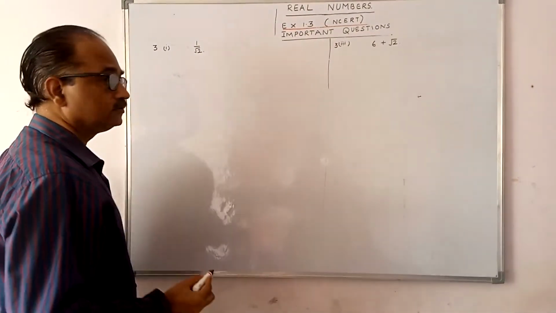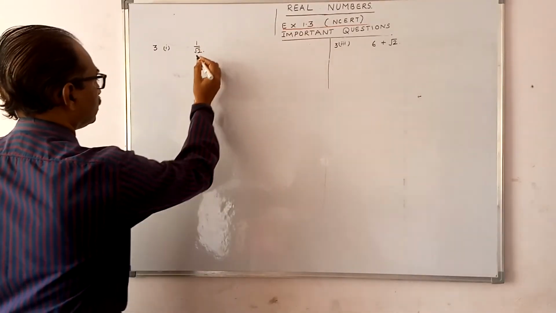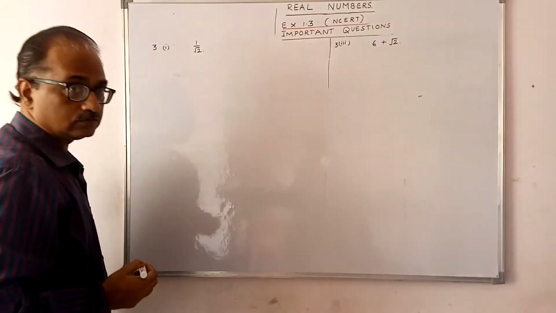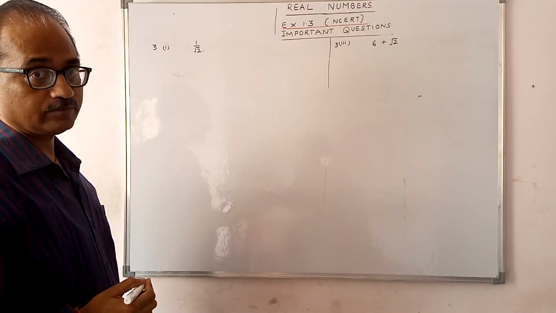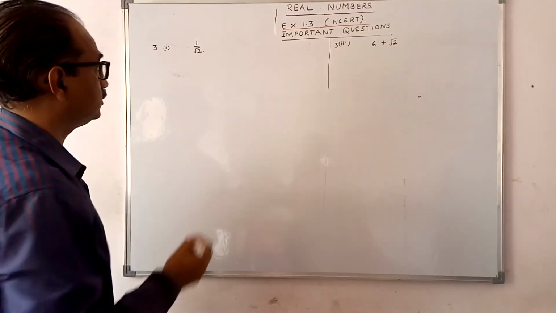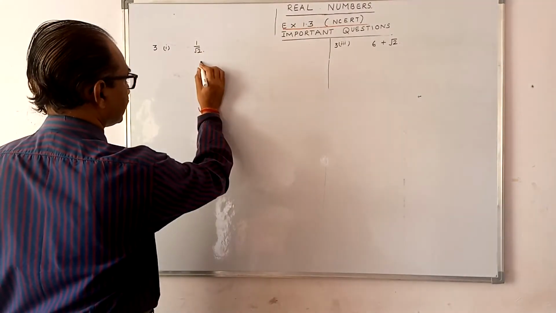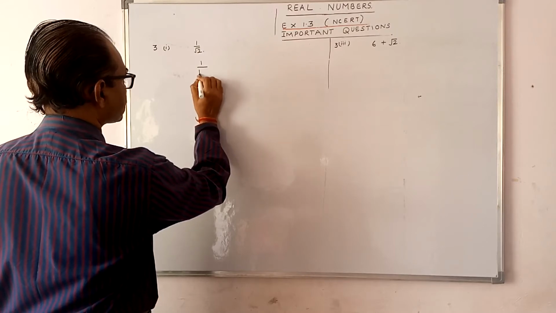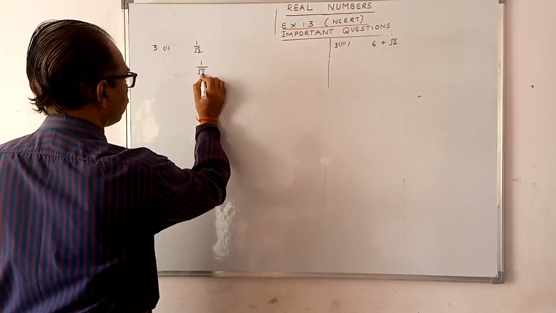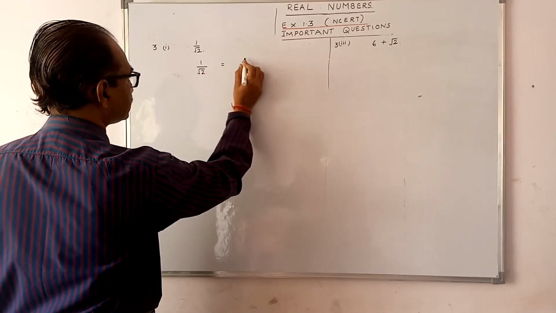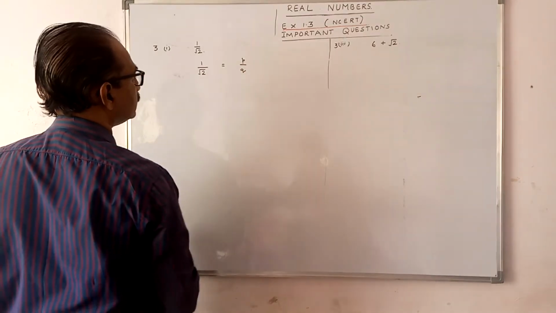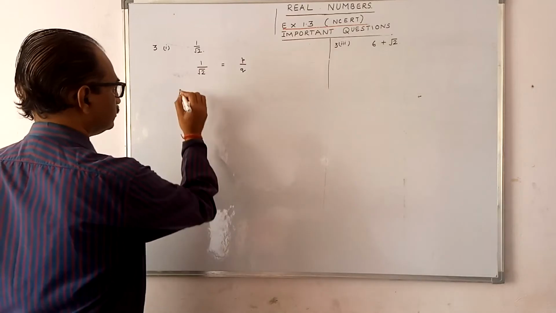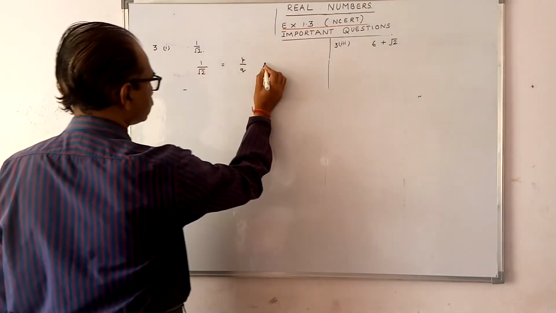Let 1 upon root 2 is not irrational. Therefore, it should be rational. Therefore, 1 upon root 2 can be expressed in the form of P by Q, where Q is not equal to 0.